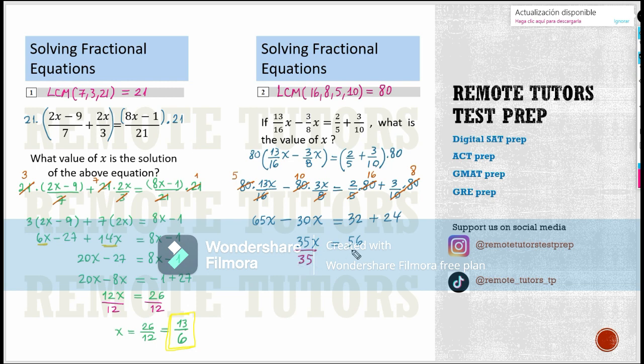So we divide by 35, and at last x is 56 divided by 35. Reducing the fraction to lowest terms, we get the value of x is 8 divided by 5 after dividing both by 7. That's it.